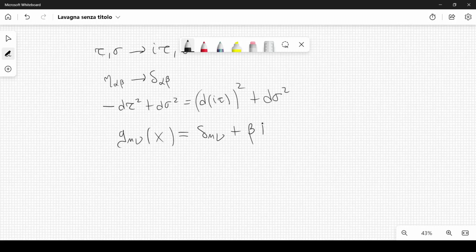Then here I have the Riemann tensor R mu lambda nu gamma, which is evaluated at the origin, so I can put 0 here to remind me that this is evaluated at the origin, but in the following I will not put the 0 here. And then here I have x lambda x gamma, like this. So we are summing over lambda and over gamma.